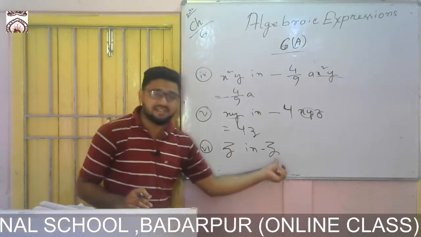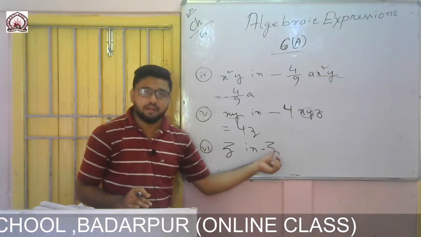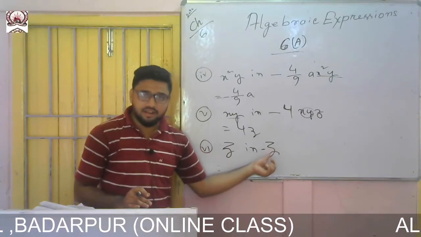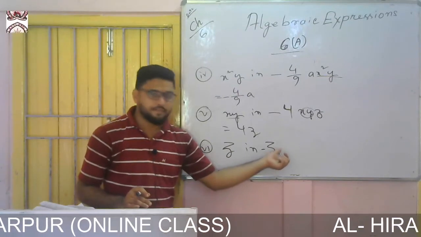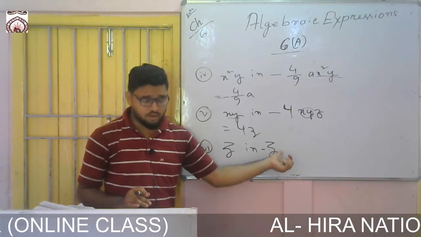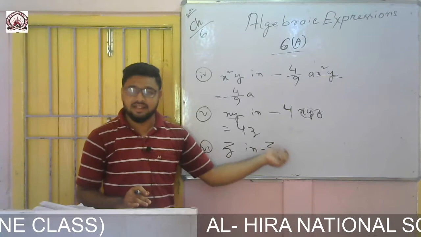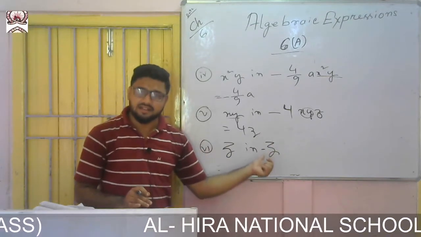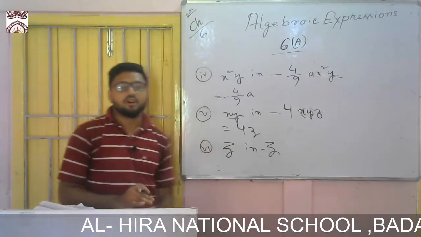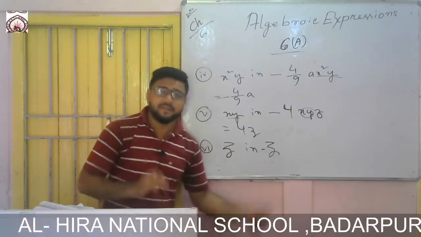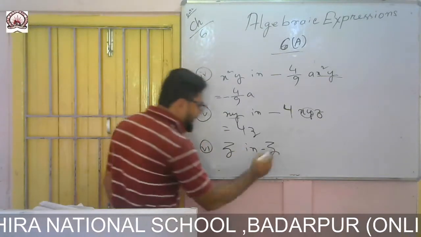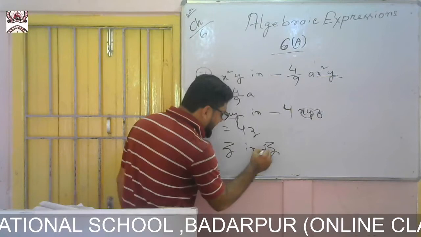So already z is there. After z nothing is there. Before z nothing is there. No factor is there. So whenever you find nothing is there, that means 1 is there. Before z, 1 is there.